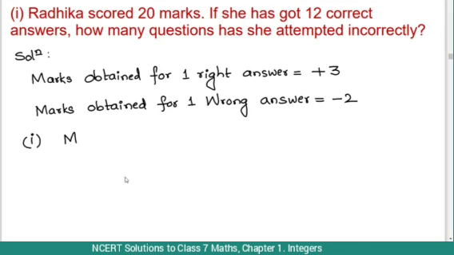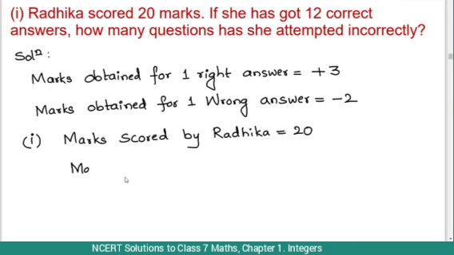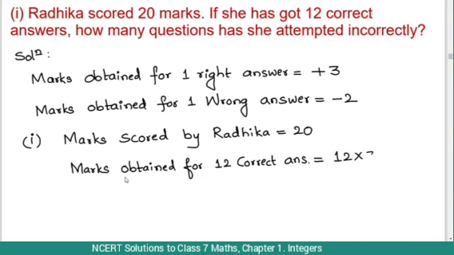Means marks scored by Radhika is equal to 20. Radhika got 12 correct answers. Then marks obtained for 12 correct answers is 12 into 3, that is 36.